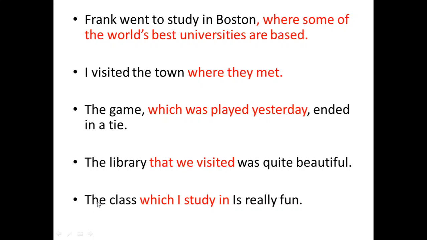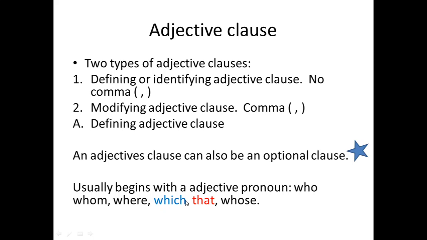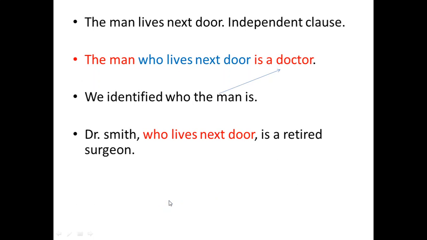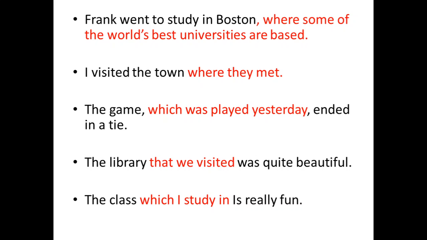Look at the other example. The class which I study in is really fun. Where is the adjective clause? Of course it is this, right? Which I study in. So, we also said that which is only used for things, right? So class is a thing, right?